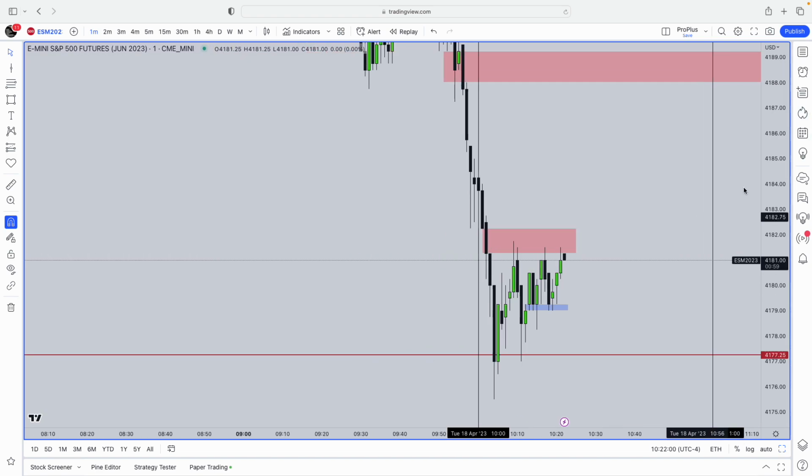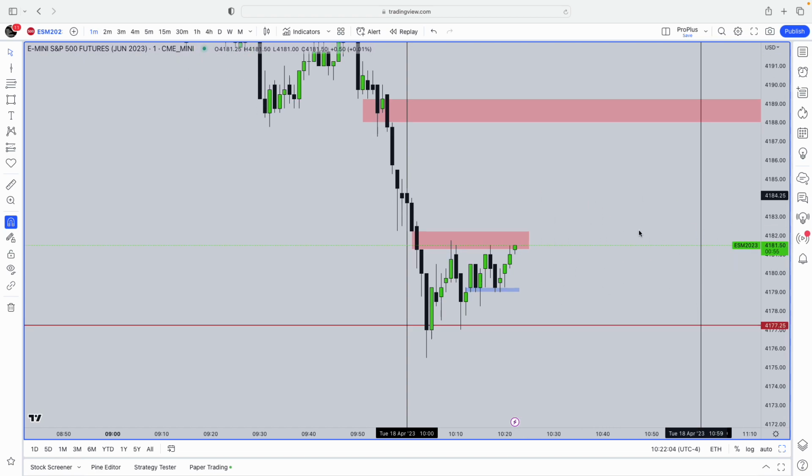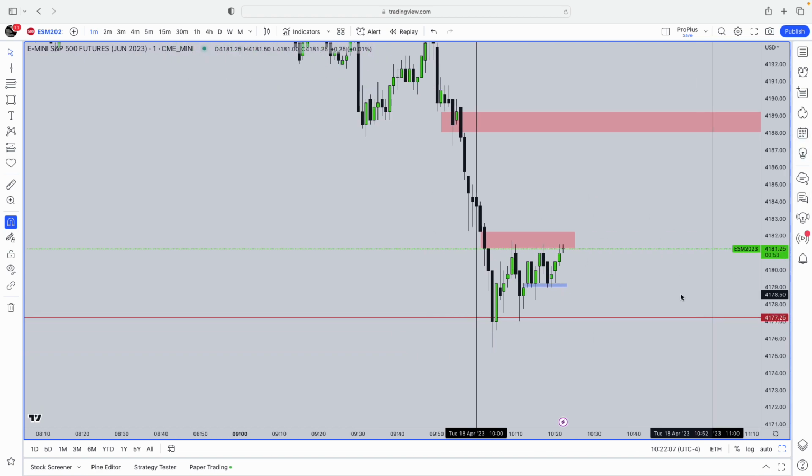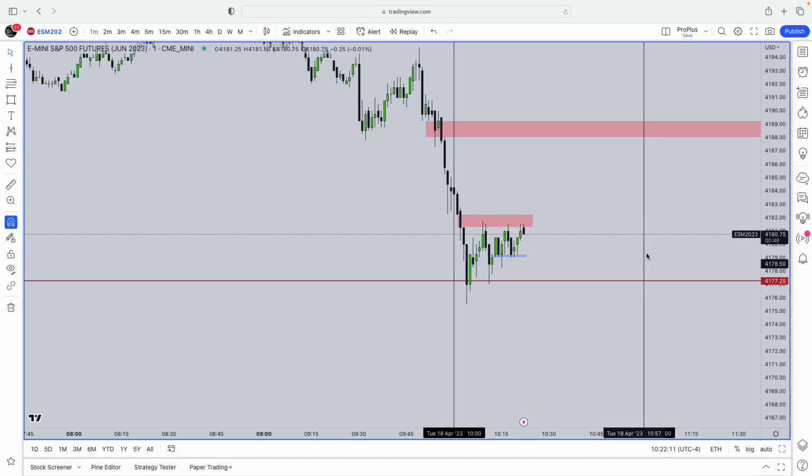Just see how price is playing around. Just want to get a feel for what the market wants to do, what the algorithms want to tell us it's doing. So yeah, just be patient at the minute.